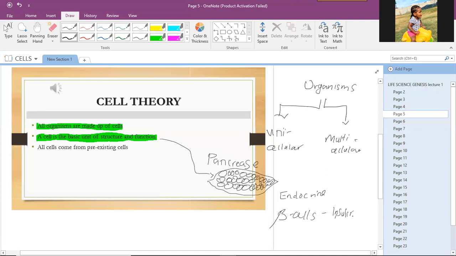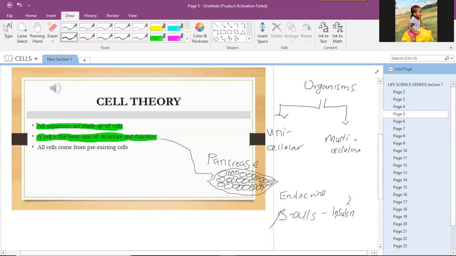Every time you eat a meal that's high in sugar, the insulin is going to reduce your blood sugar level. The insulin is going to facilitate the uptake of glucose into your muscle cells. So that's a function. Have you seen the cell is a basic unit of structure?